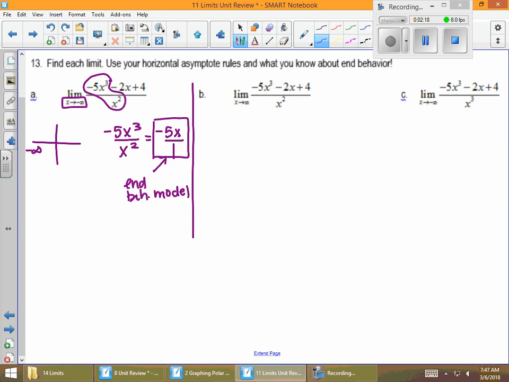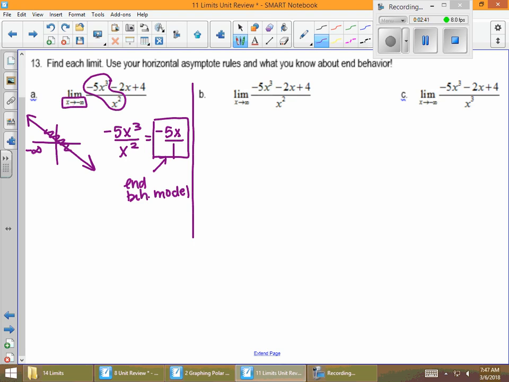So we can base our limits for positive infinity and negative infinity on that end behavior model. So what's happening at negative infinity with negative 5x? Well, negative 5x is a line with a negative slope. And so it would look like this. It would go through the origin, but we don't really care about that. We don't care about anything in the middle. We just care about what's happening at negative infinity right now.